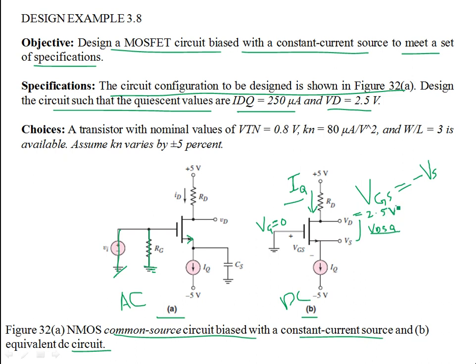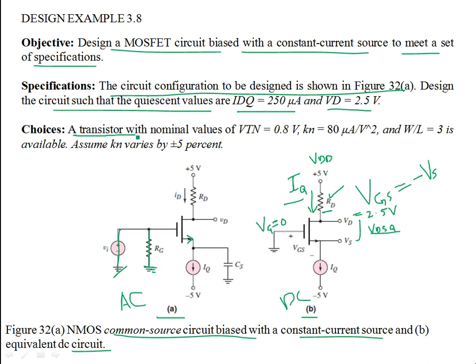So you have to find the resistor RD over here. It's not hard to find. This is your VDD, so the potential difference between these 2 points, 5 and 2.5 volts, divided by IQ, which is given as 250 microamps, will give you RD. It's not very hard to find.